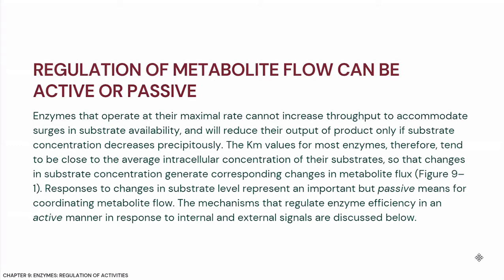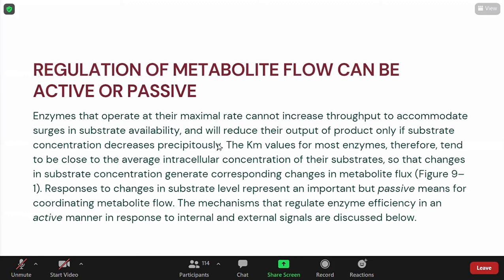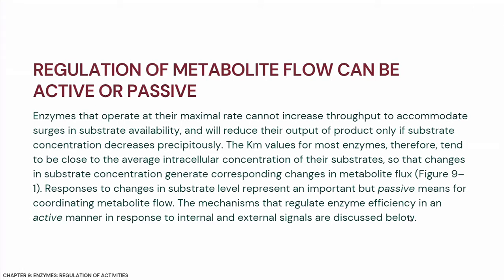So we know that enzymes act on substrate. If there is no substrate, then the enzyme cannot do anything. So to regulate its activity, we can regulate the amount of substrate that goes to the enzyme.